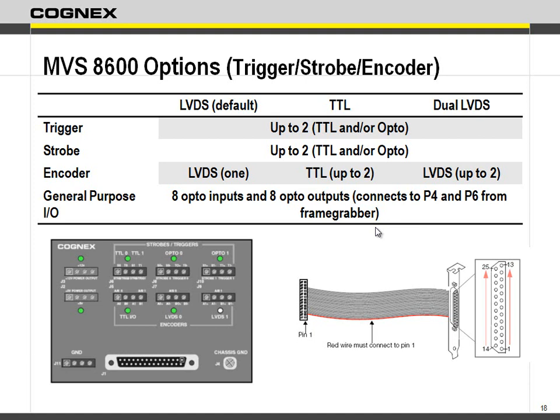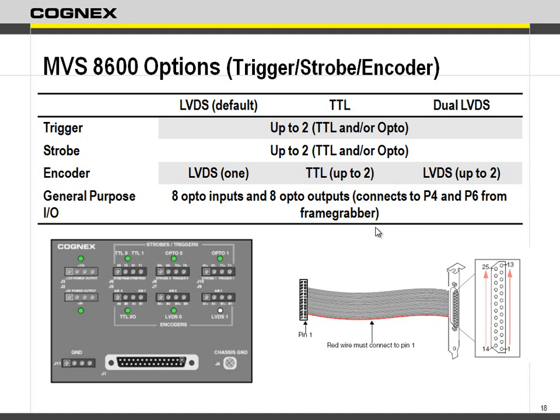Notice that whether you're using LVDS, TTL, or dual LVDS, for your trigger and your strobe you're still going to get both a TTL and an LVDS selection, TTL or opto selection. So it doesn't matter which one, you still have the same selection. It's when you get to the encoder that it changes. If you do just the LVDS, it's going to give you one LVDS encoder input.